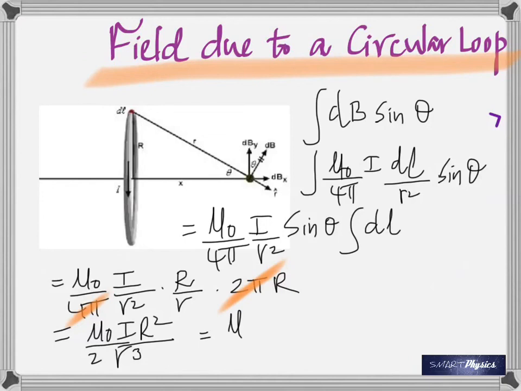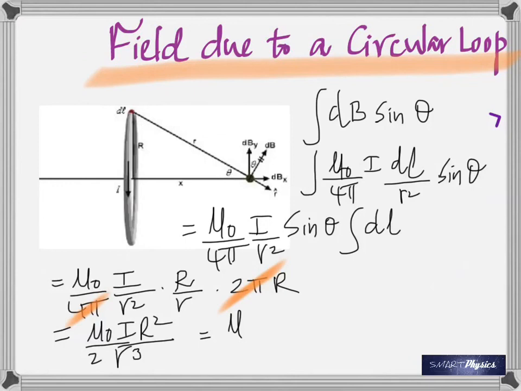Therefore, what would r cube be? What's r squared from that right angle triangle? So what's r cube then? R cube is R squared plus x squared raised to 3 by 2.